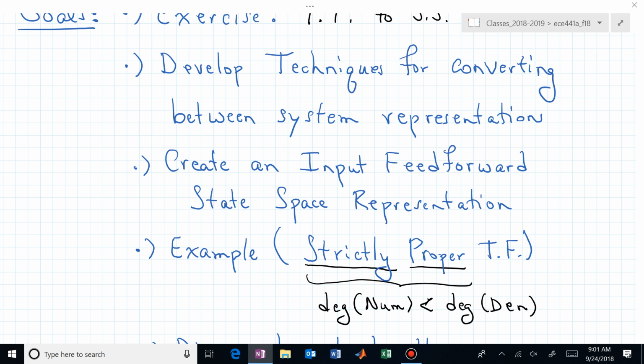We will actually create one such representation. You know that the state space representation is not unique. We'll develop one of those, an input feed-forward state space representation, today.